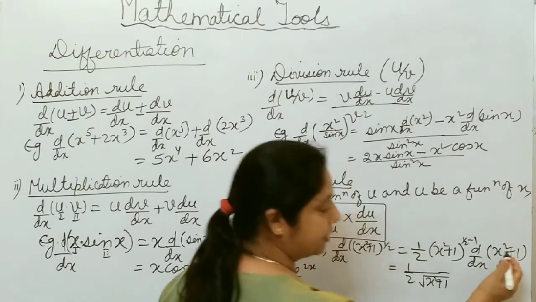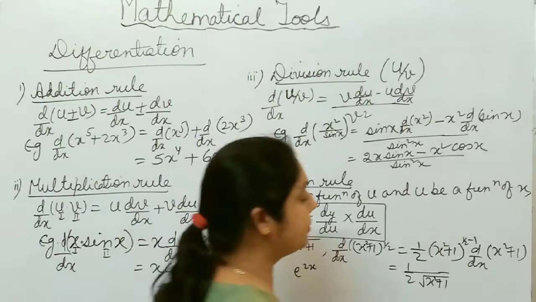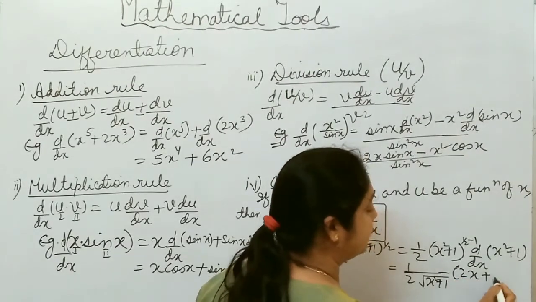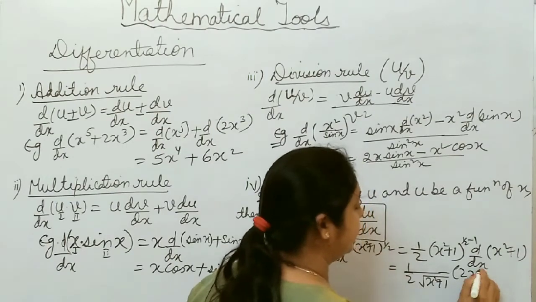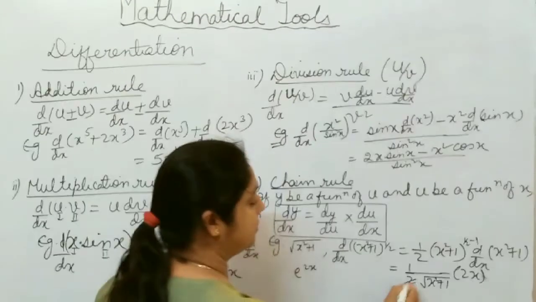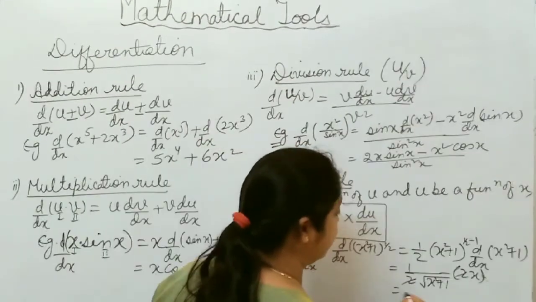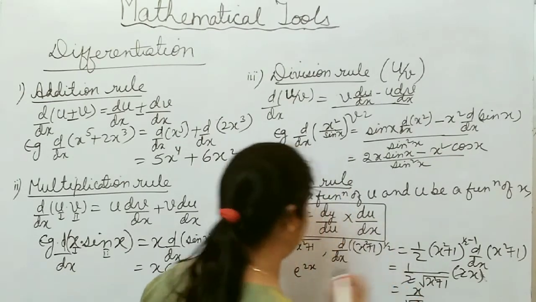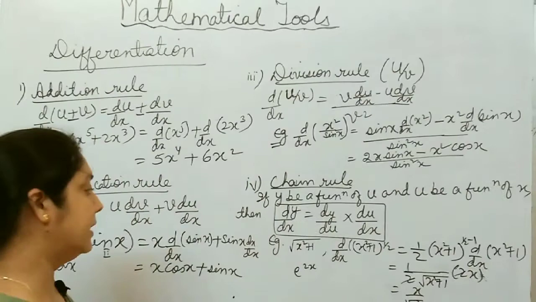And then the differentiation of x square plus 1, you apply the addition rule. First x square gives 2x and the differentiation of 1 is 0. So it becomes only 2x. So this 2 cancels and the answer becomes x by under root x square plus 1. Right? Is it clear? Okay.